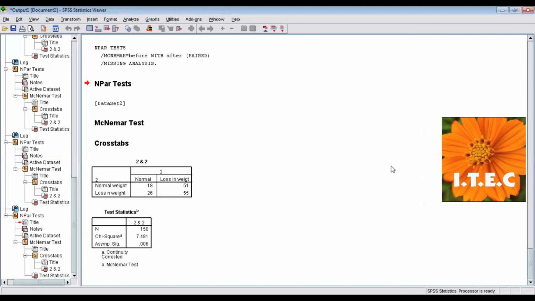Okay. Now the chi-square value is 7.48 and it is significant at the 0.01 level.